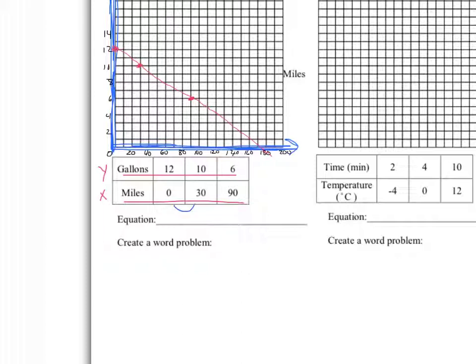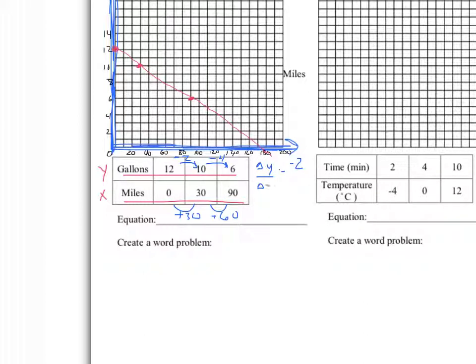So the change in x, this is an increase of 30. This is an increase of 60. This is a decrease of 2. And a decrease of 4. And so my change in y is -2.